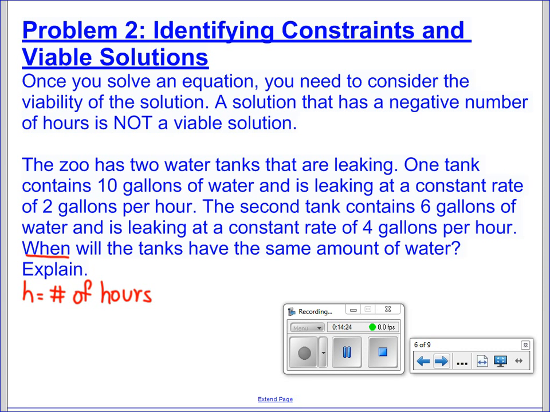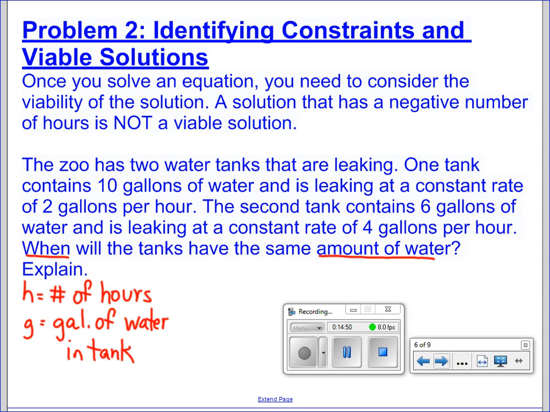And the other thing that we don't know is the amount of water, when it will be the same. So since our amount of water is in gallons, let's use G. And that will be for the gallons of water in the tank, and this would be at any given time.